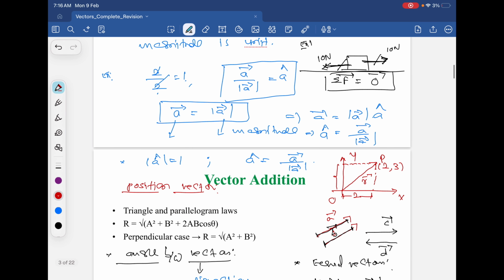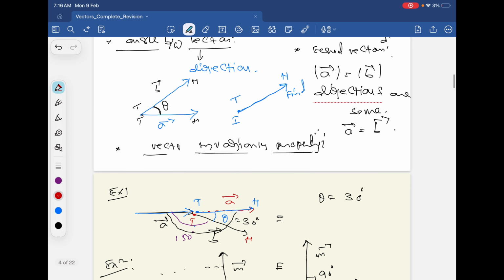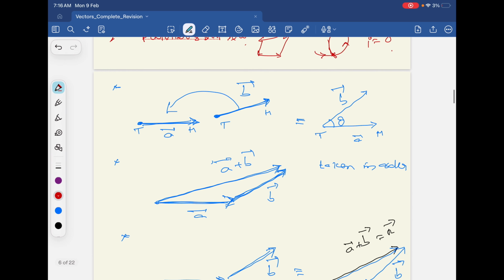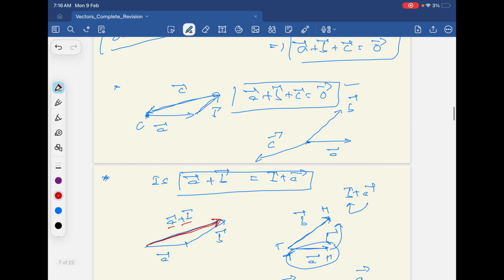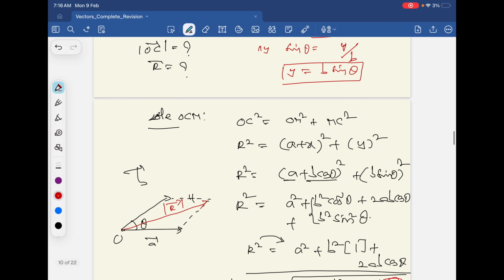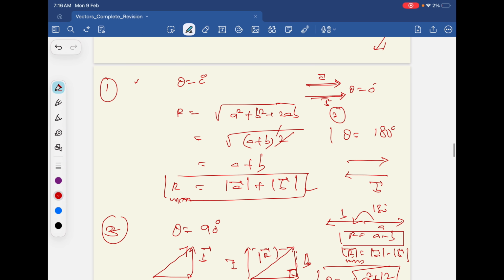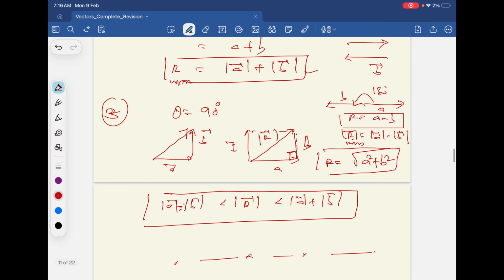We spoke about position vector, and in addition of vectors we talked about the triangular law, and the parallelogram law, and the cases theta 0, 180 and 90 degrees. Last sentence: under the parallelogram law, R lies between mod of A plus mod of B and mod of A minus mod of B.